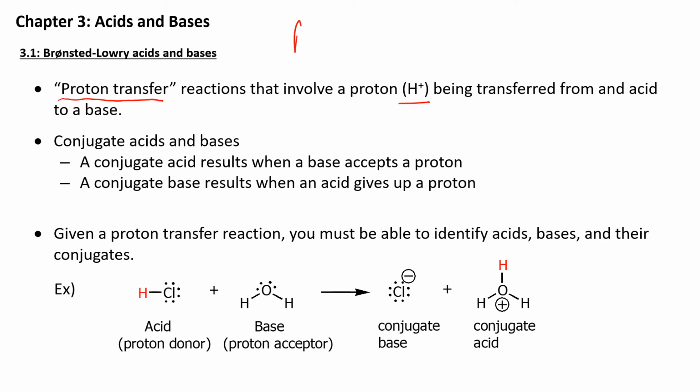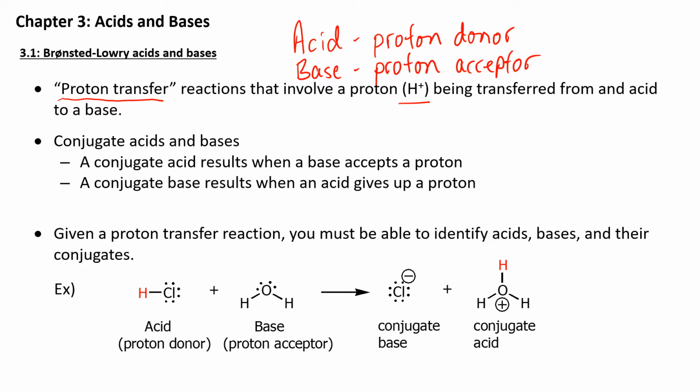So a Bronsted-Lowry acid is a proton donor, and a Bronsted-Lowry base is a proton acceptor. So given a proton transfer reaction, let's identify the acids, bases, and their conjugates.